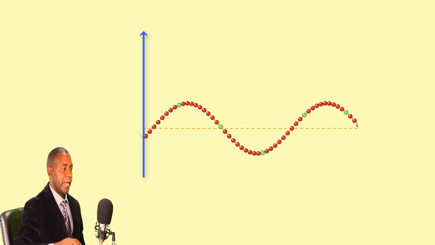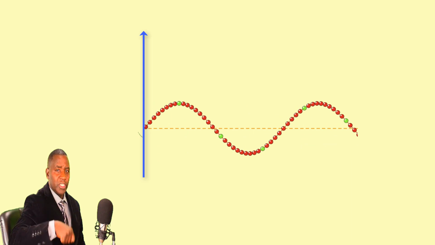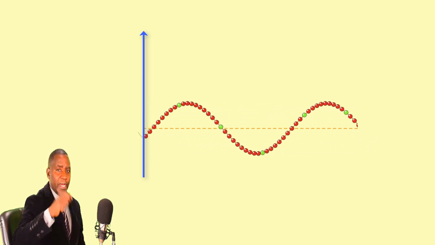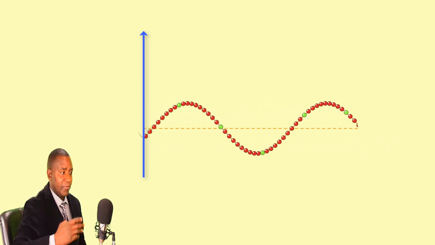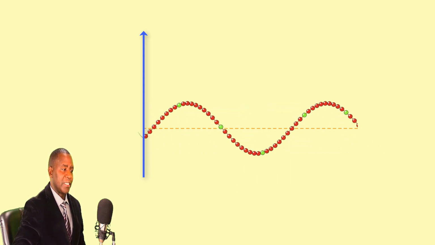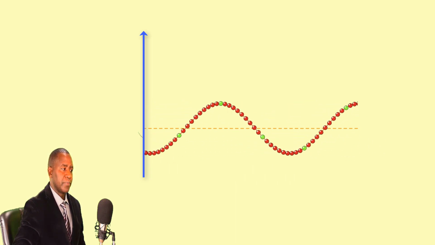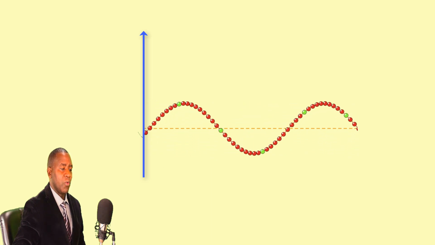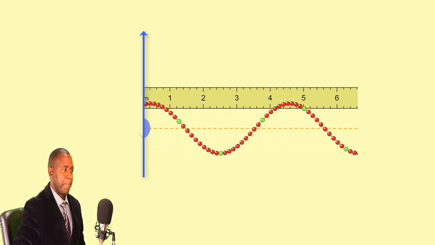I can allow one point to move up and down, just like you would do with any other rope out there. That is the kind of wave that you're going to generate. Let me slow it down so that we can see exactly what we discussed.